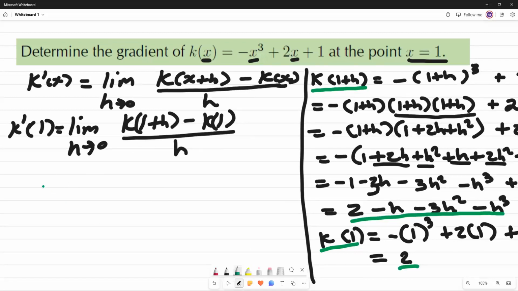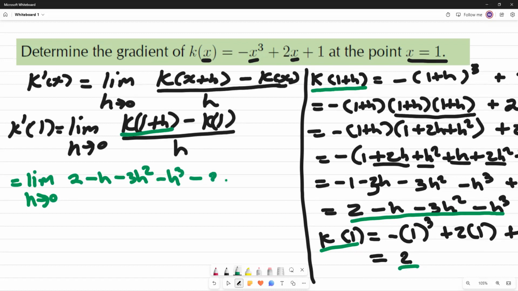I have the limit as h approaches 0. Remember I said where I see this, it's like seeing that. So I'm having 2 minus h minus 3h squared minus h cubed minus k at 1, we said is 2. So minus 2 all over h, right? Which is the limit as h approaches 0.